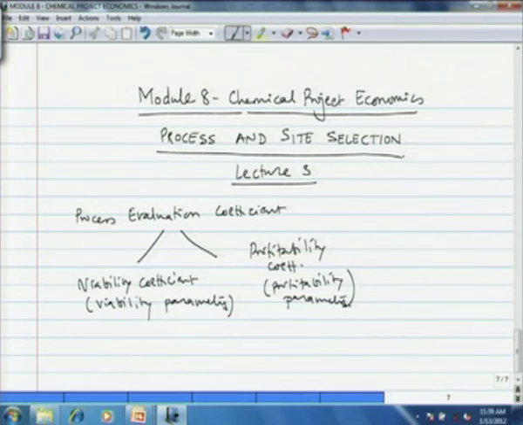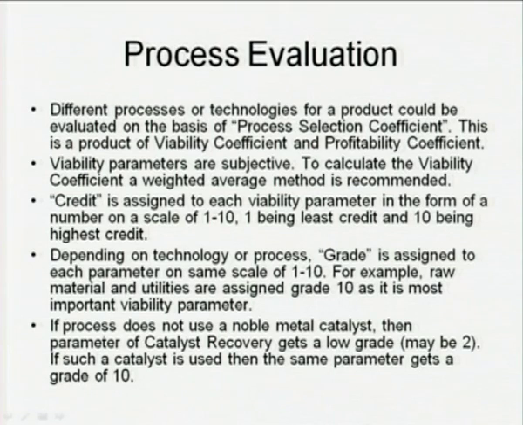The viability parameters that we listed were subjective. However, we have to take away the subjective element and make a weighted average method. So, we have to remove the subjectivity of the viability parameters and propose a sort of quantification or weighted average method of evaluation of the viability parameters that we proposed.